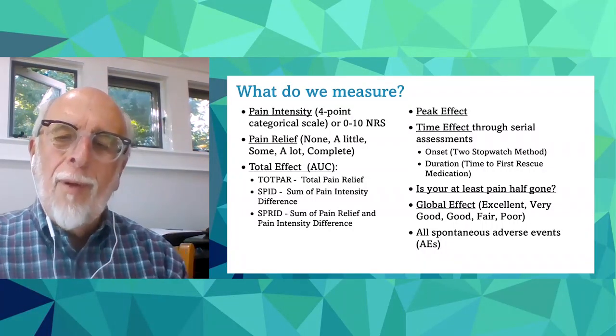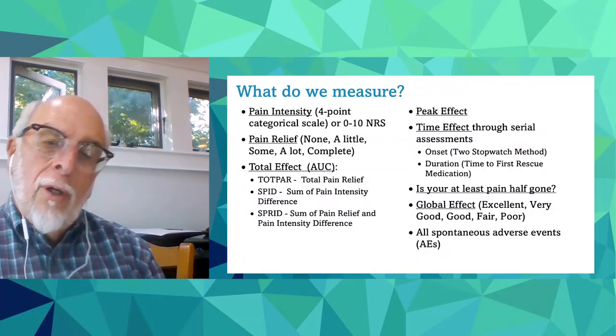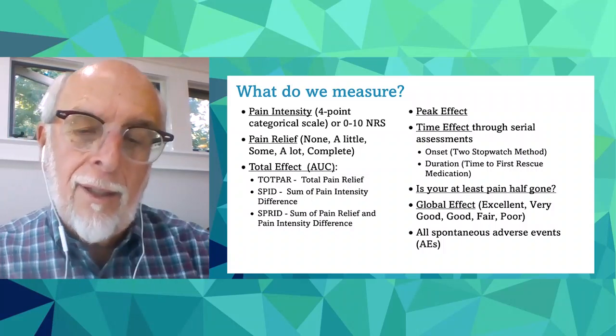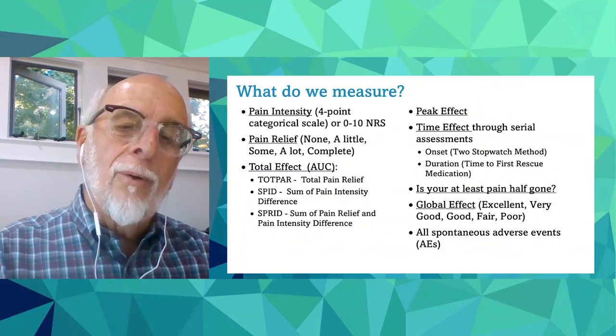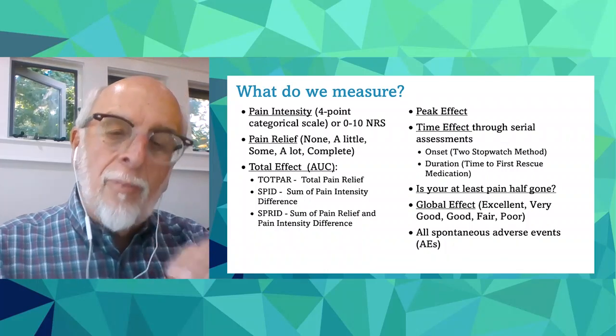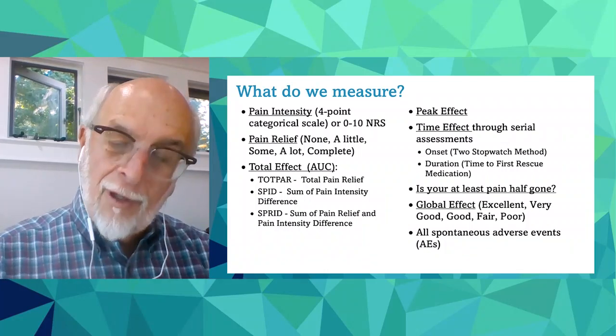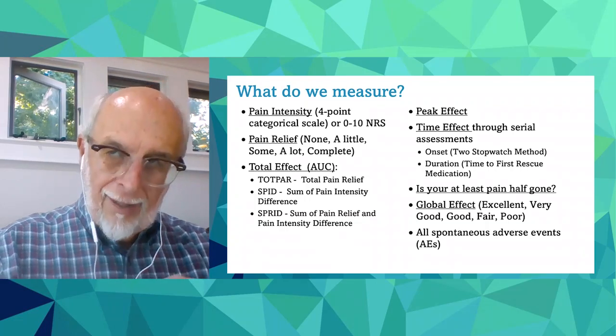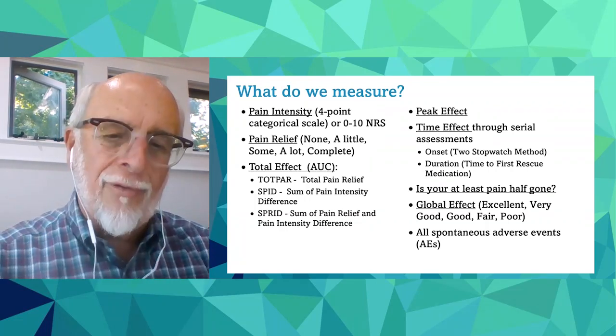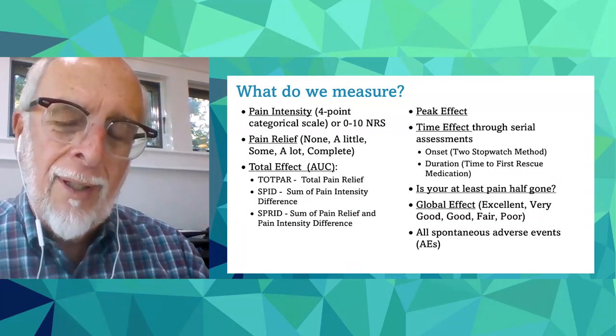So what do we measure? What are the outcome measures? The first one is pain intensity. And I talked to you, we used a 10-point numerical rating scale. We ask questions at every point about how much pain relief they have: none, a little, some, or a lot. And then we look at the area under the curves that I showed you a minute ago.